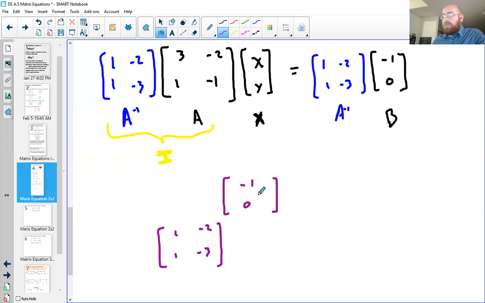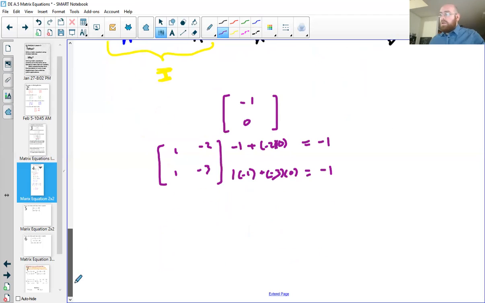So it's really 1 times -1, which is -1, and then plus -2 times 0. So that's just -1. And then 1 times -1 plus -3 times 0. And so this is also equal to -1.